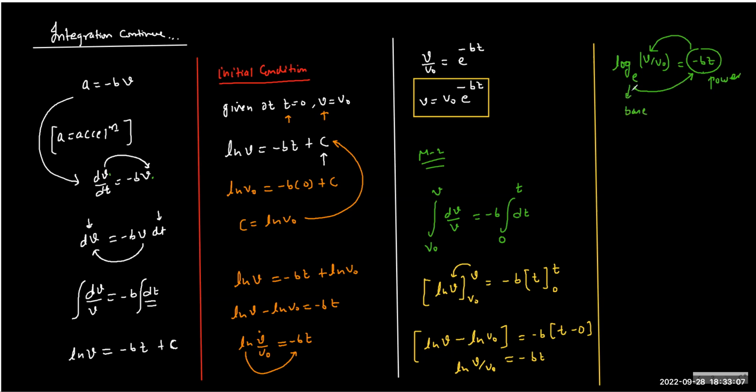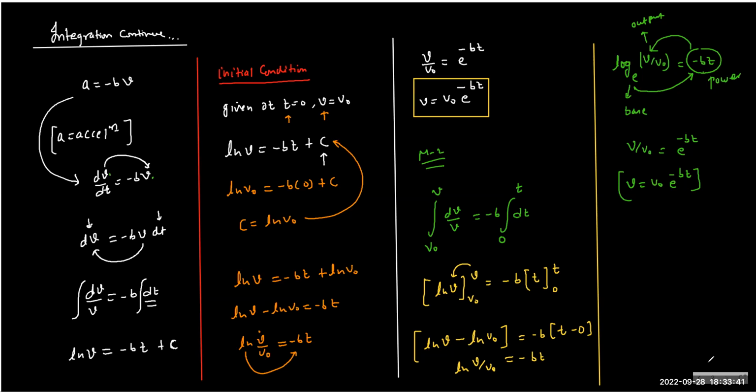When this base is raised with this power, you get this number. So we can write v by v naught is base to the power. That's it. So this is a very famous exponential relation of v and time. I hope this is clear to all of you.